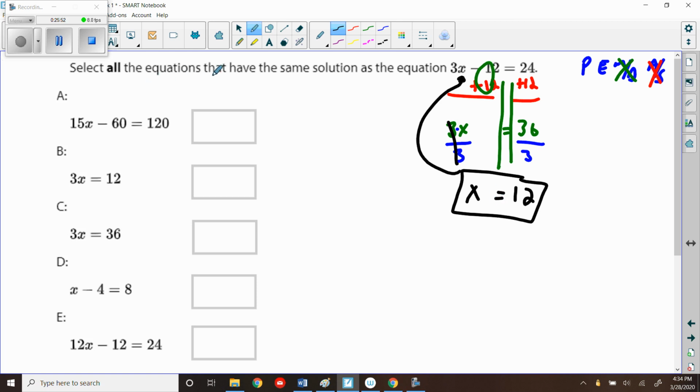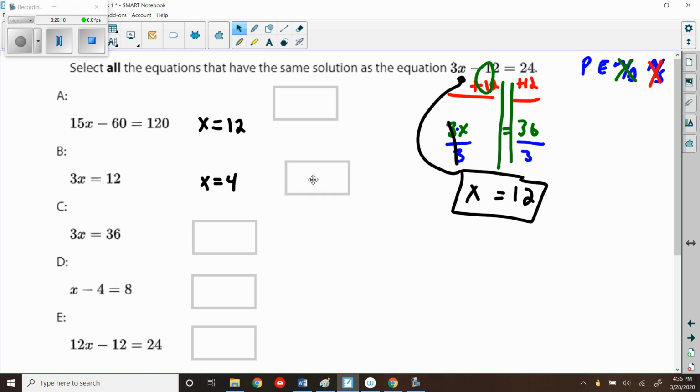Select all the equations that have the same solution. Okay, so as I went through and solved these previously, I noticed that this, by adding 60 to both sides and dividing both sides by 15, gave me x is 12. If I divided both sides by 3 here, I would see that x is 4. If I divided both sides by 3 here, I would see that x is 12.